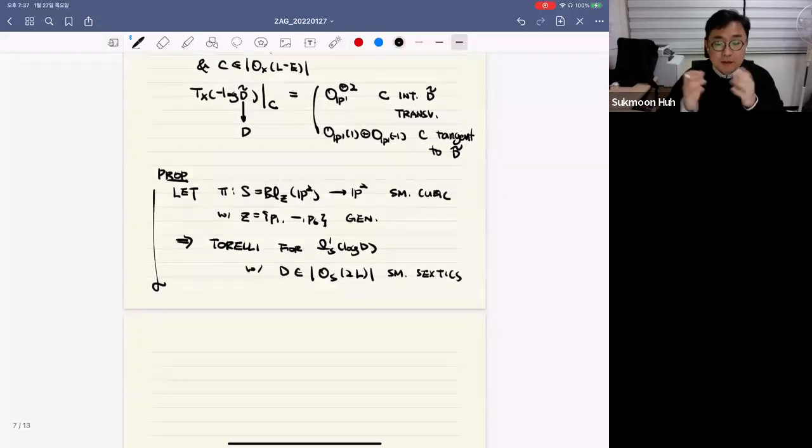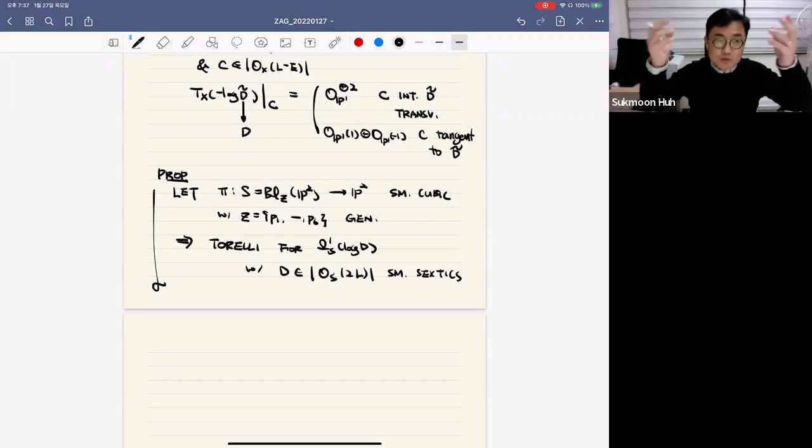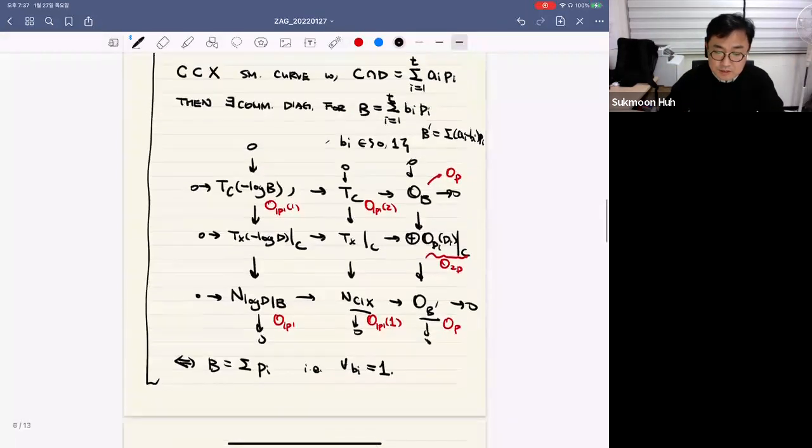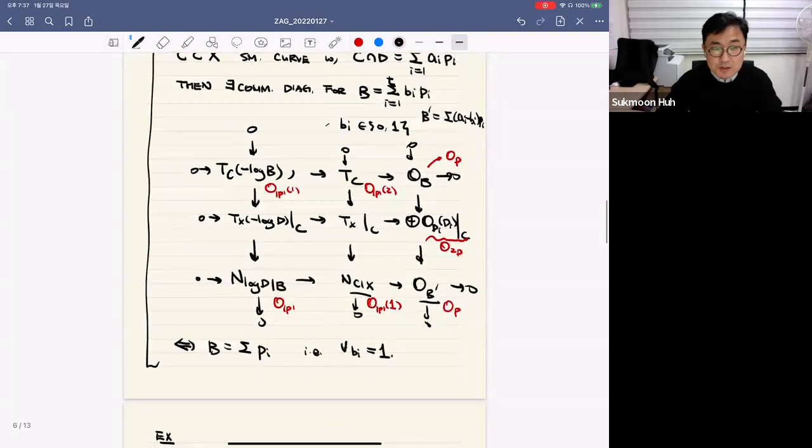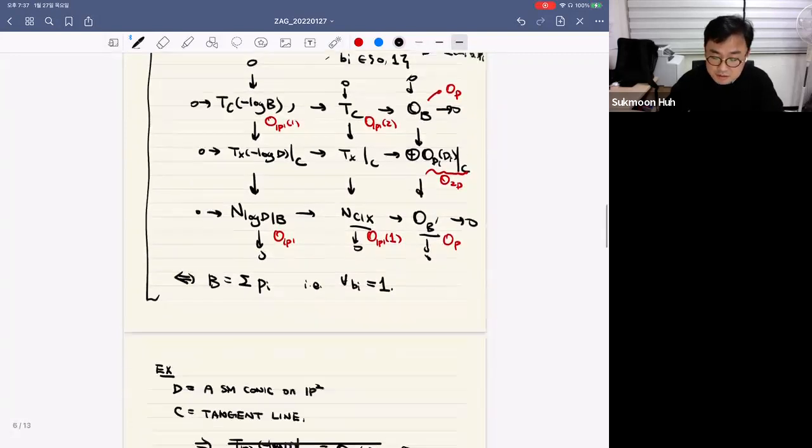So our main philosophy is that even when we do not have a positive answer to the Torelli question, we just blow up our base space at points outside the divisors. Then eventually upstairs, we can expect to have Torelli, mainly because of the commutative diagram appearing in this lemma.